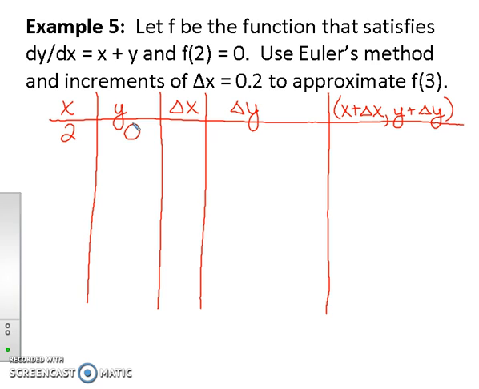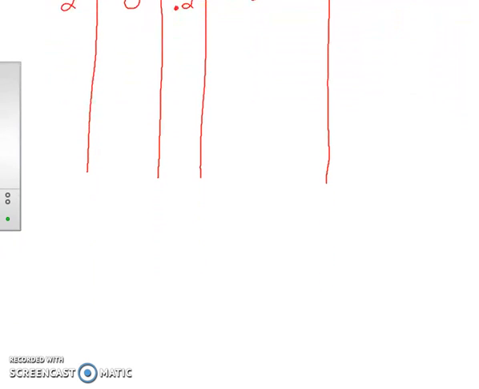So delta x, that represents our change in x. It is the same as saying dx like we're used to. They gave us that value as well. It is 0.2. Delta y represents dy. They kind of gave us that. What I have up here from the differential equation that they gave me, let's scroll down, I have dy/dx equals x plus y.